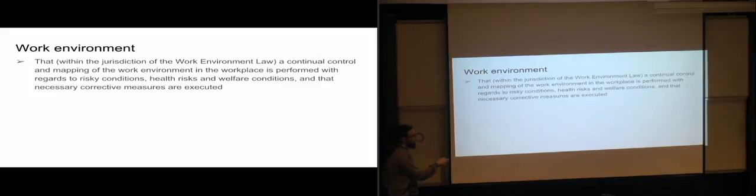For an example, with regards to health risks, if there is an area in the workplace with a lot of noise, one of the necessary corrective measures might either be to put up some noise insulation, or if that is impossible, maybe make sure that you have protective gear available close by, so that anyone walking into that area can just pick up some protective gear and put it on.